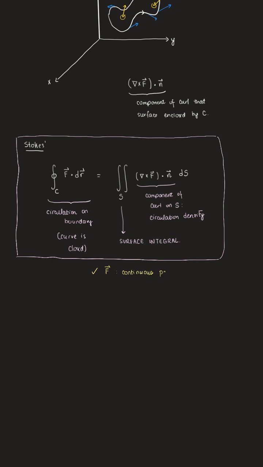Continuous partial derivatives, which means that our surface is piecewise smooth. We need C, our curve, to be simple, so not self-intersecting, and closed.